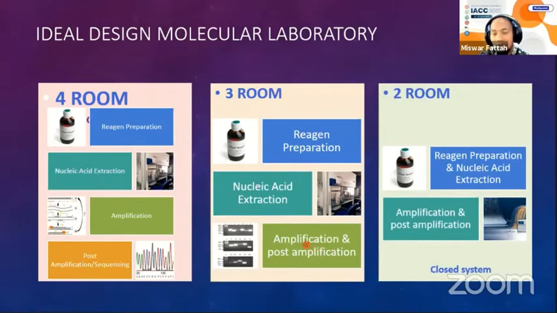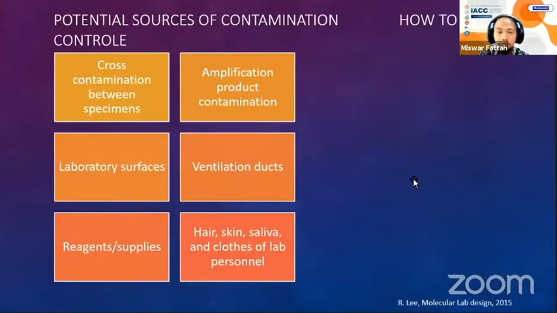If we have a fully automated closed system, we can separate into only 2 rooms: one for preparation, especially of reagent and nucleic acid extraction, and one for amplification. And in some laboratories, nucleic acid extraction and amplification are one instrument setup, so we can separate into only 2 based on this.